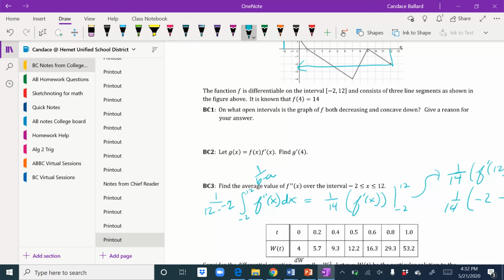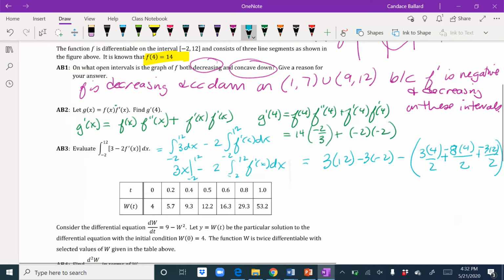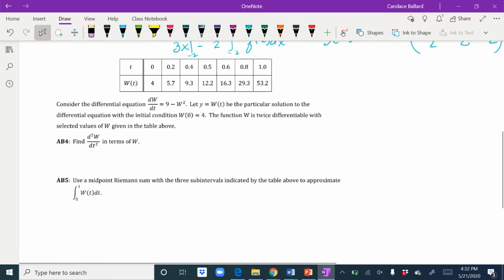Okay, let's go back to that other stem, the tabular stem. Okay, so now we're going to do AB4, AB5, and then we'll do BC5, because BC and AB4 are the same problem. All right, so consider the differential equation dw over dt equals 9 minus w squared. Let y equal w of t be the particular solution to the differential equation with the initial condition. So we've got a nice initial condition again.